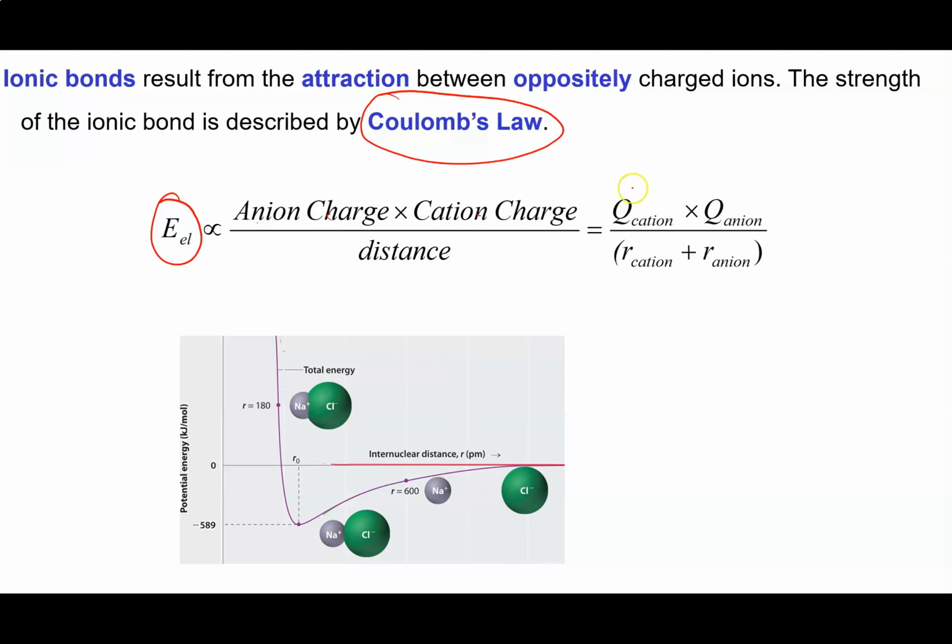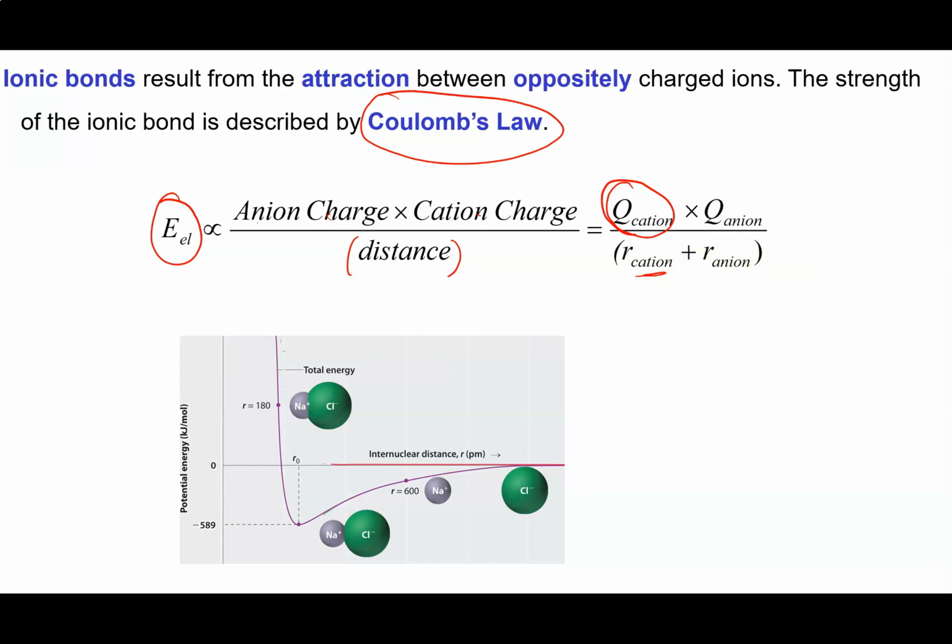And typically we're going to say the charge of something, we're going to represent that by the symbol Q, and then that's going to be divided by the distance between the two ions, which can be understood to mean the radius of our cation plus the radius of our anion. So what does this tell us?